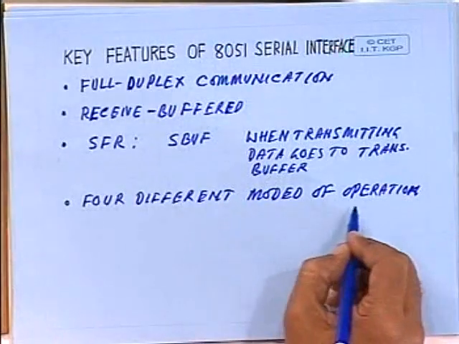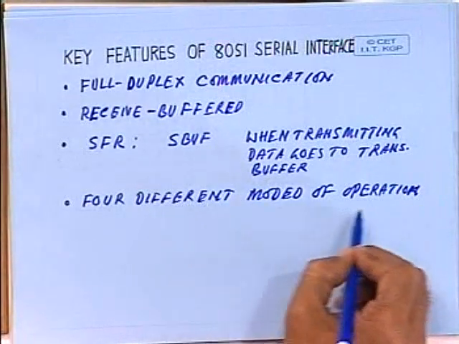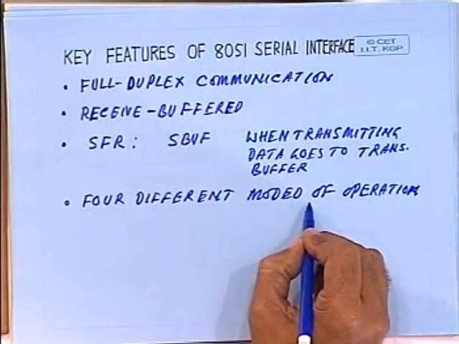In some cases, the data transfer rate should be small. In some cases, the data transfer rate should be high, and also the number of bits can be 8-bit or 9-bit. So to accommodate variation of data transfer and to satisfy different requirements, 4 different modes of operation have been provided, and we shall explain these modes in detail one after the other.